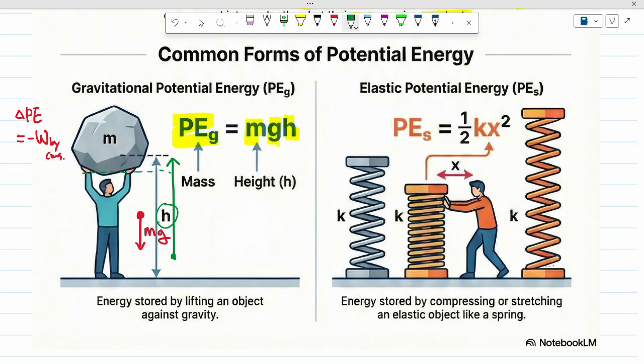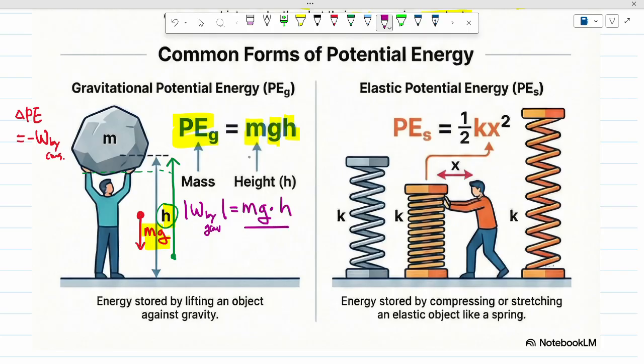So as it undergoes this height change, you can see the force and the displacement being in opposite directions. So the work being done will be negative, and the magnitude of that negative work will be the magnitude of force, mg, times the height change, h.